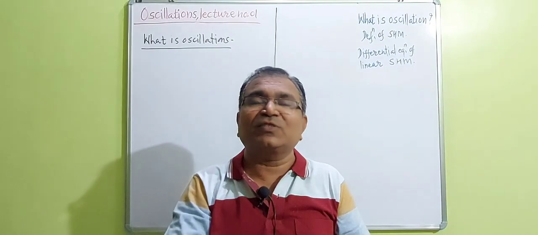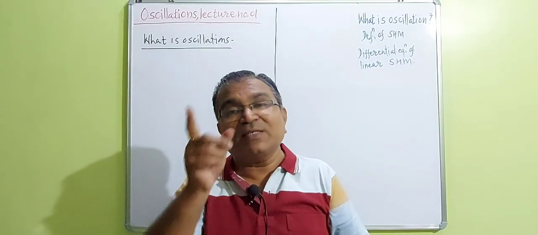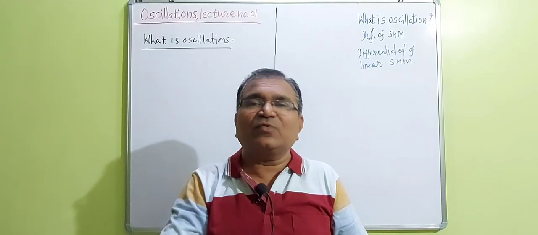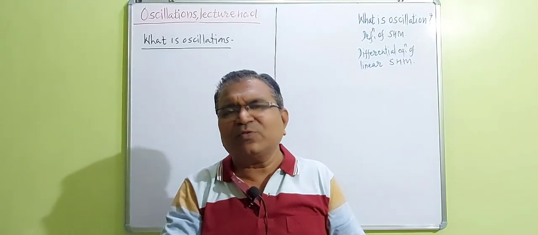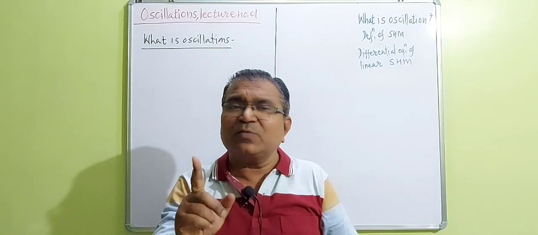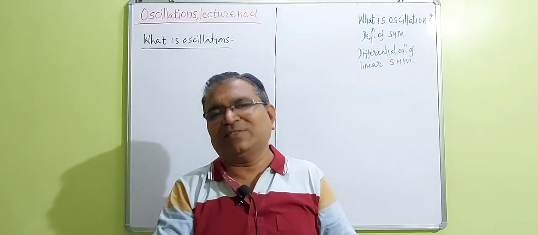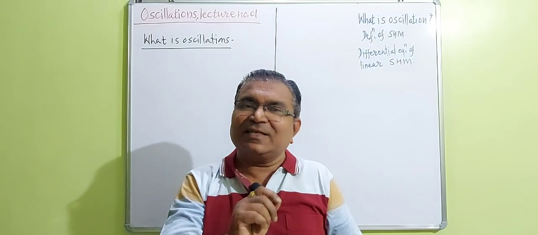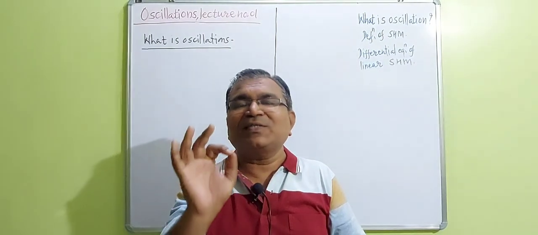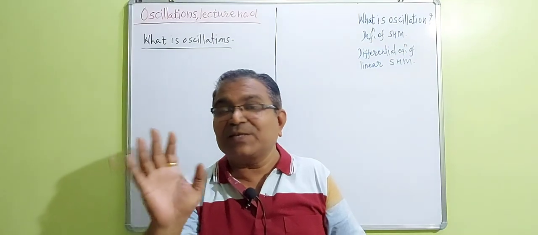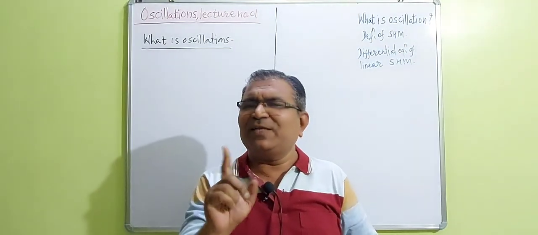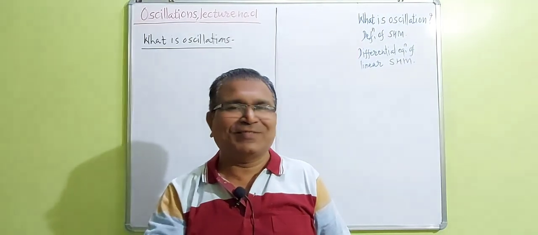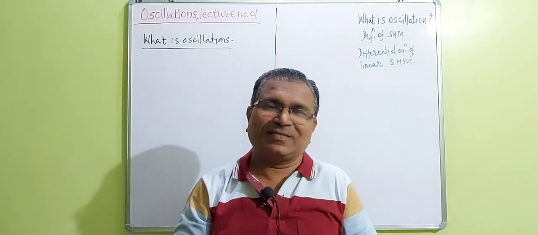That circular motion, rotation of the earth around the sun, is also periodic motion, but though it is periodic motion, it is not oscillatory motion. So I will repeat the sentence again. Every oscillatory motion is a periodic motion, but every periodic motion is not an oscillatory motion. This is the most important sentence.